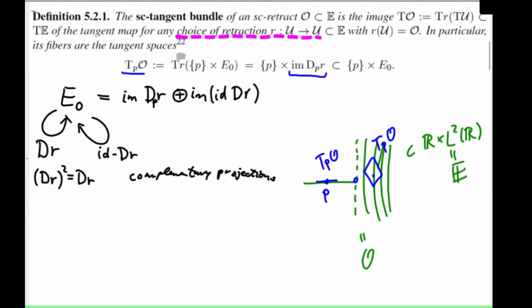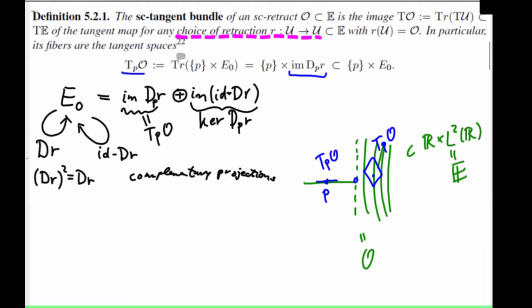And this here is also known as the kernel of dR. And somehow, when we have operators that are really only defined on this image, which makes sense to call the tangent space, we will always have this canonical choice of complement.